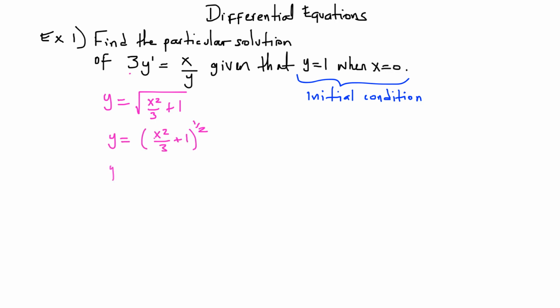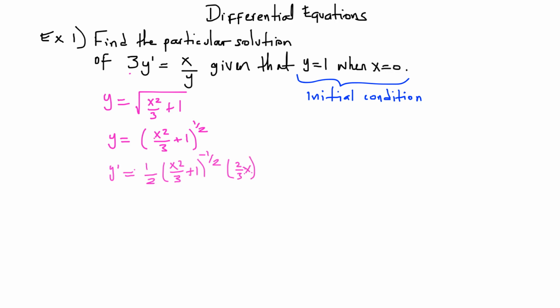So then y prime equals, this will be the power rule. Let me try that again. y prime equals power rule. Bring down the power, 1/2, keep the base, x squared over 3 plus 1, raised to the power, take away 1 from the power, negative 1/2, then times the derivative of the base, that would be 2/3 x.